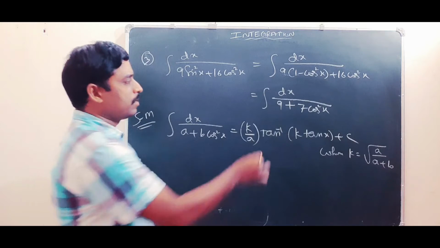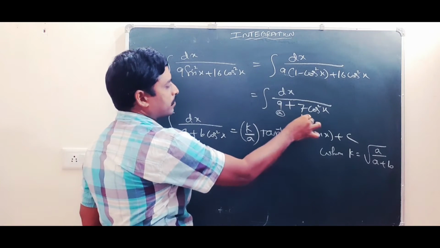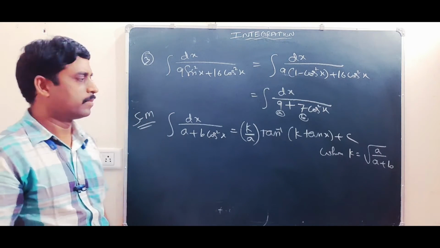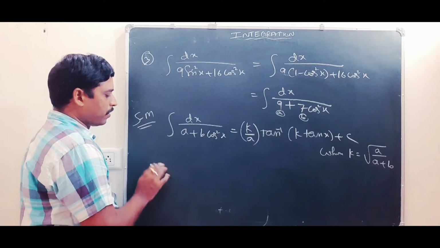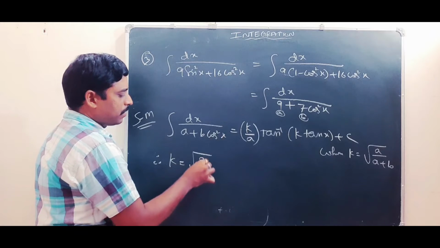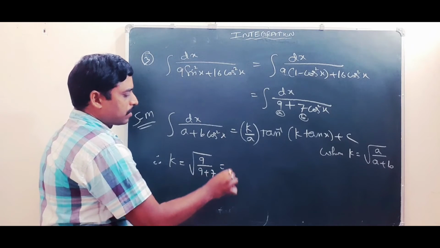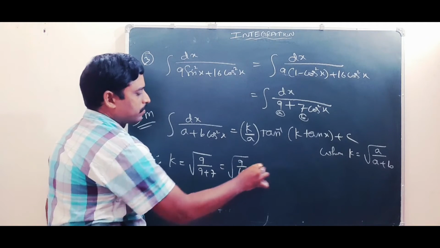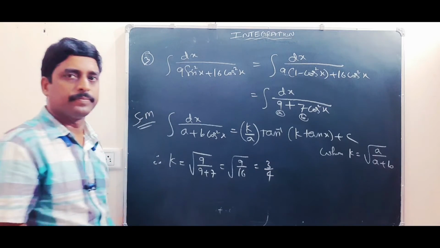Here the a value is 9 and the b value is 7. First we have to find the k value. K is equal to root under 9 by 9 plus 7, which is 9 by 16, so this is 3 by 4.